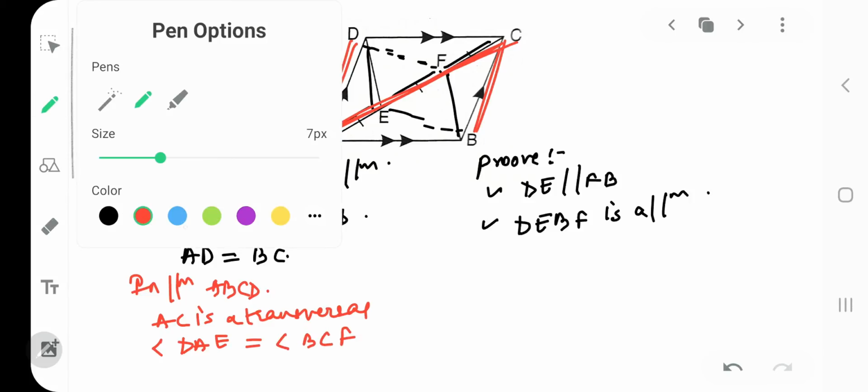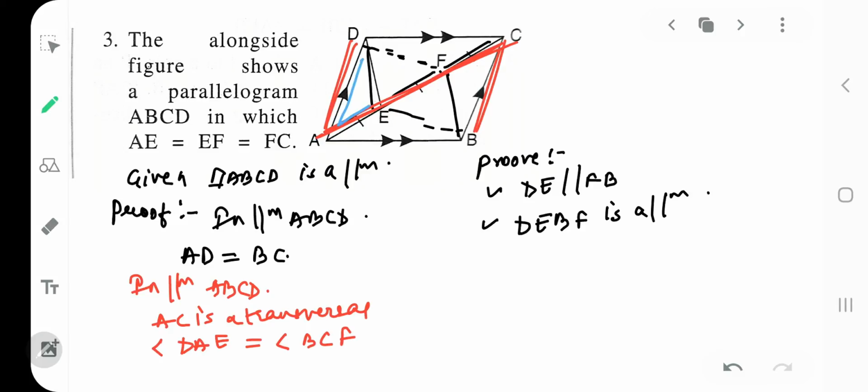I'll mark it with a blue color so you can make it out. This angle is equal to this angle because they are alternate angles. So I'll write it here, alternate angles. Got my point clear?